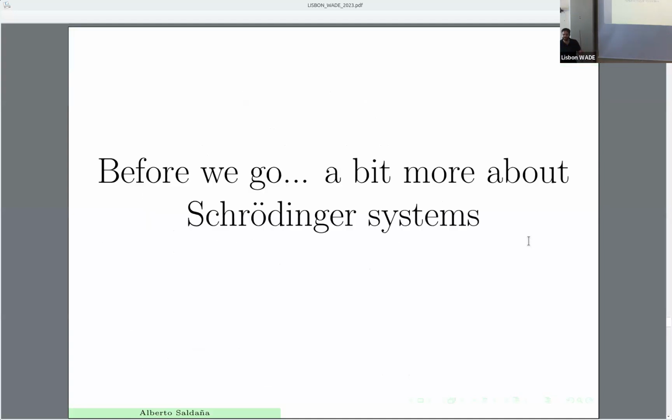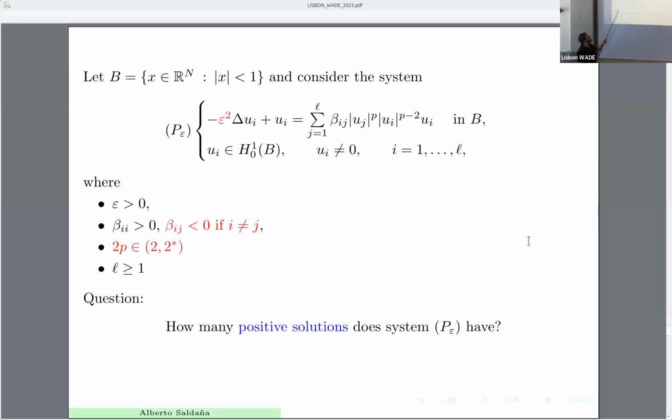Okay, so before we go, I want to talk about two more results relating to Schrödinger systems. So not exactly linked to what we have talked about up to now, but related somehow, because now we are going to consider the Schrödinger system on a ball or a domain.